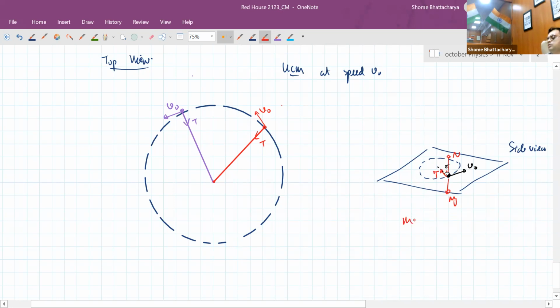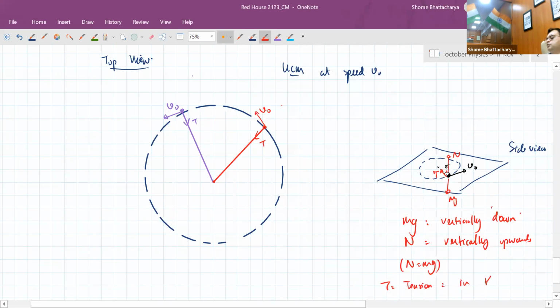So mg is vertically down, normal reaction is vertically upwards, and the two balance each other. Whereas tension is in the horizontal plane.